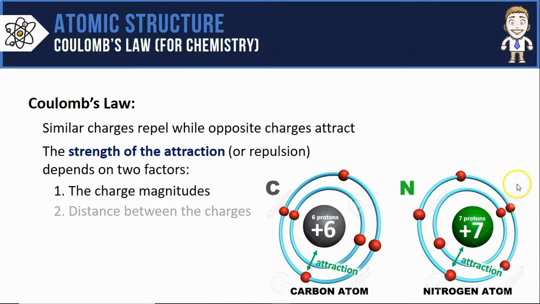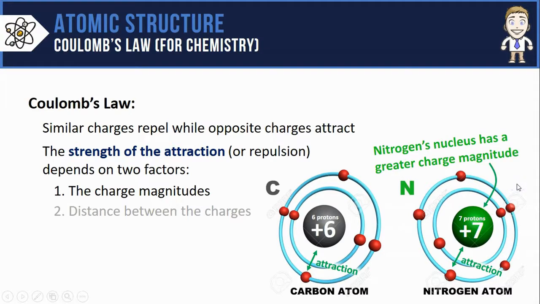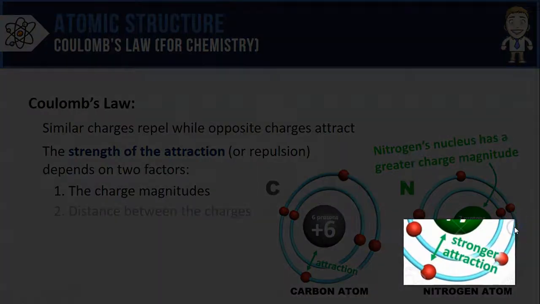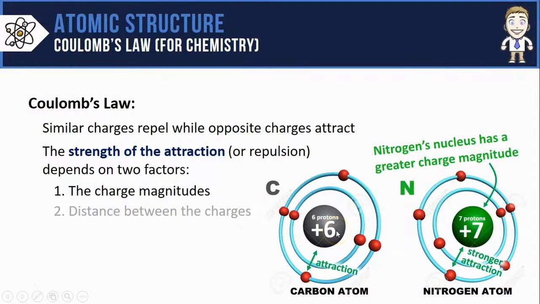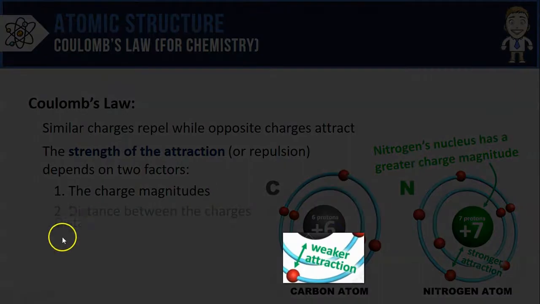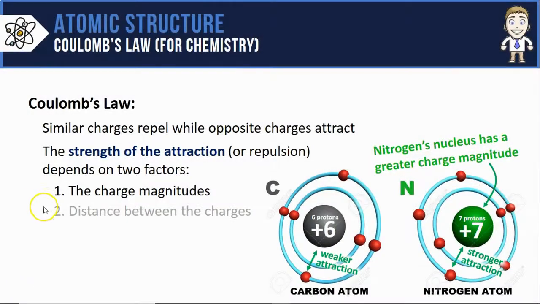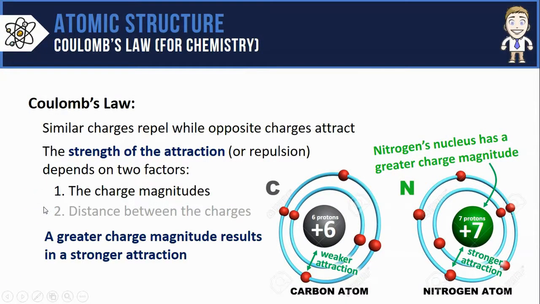The Coulomb's law way to describe that is by saying nitrogen's nucleus has a greater charge magnitude. Why does this matter? Well, it means the attraction between the electrons and that nucleus will be stronger. For carbon with a lower charge magnitude, the attraction will be weaker. This is a super important idea. Let's summarize it by saying that a greater charge magnitude results in a stronger attraction.